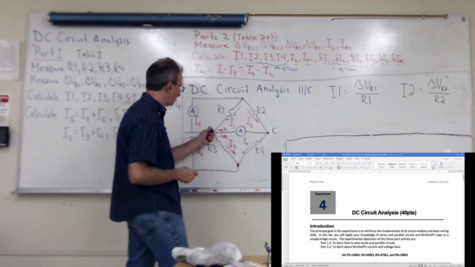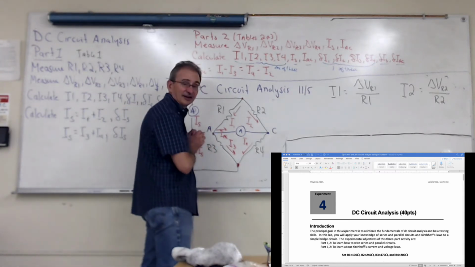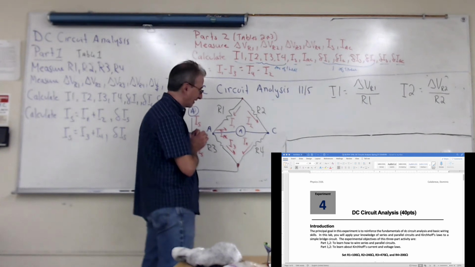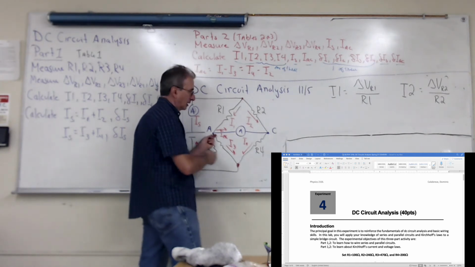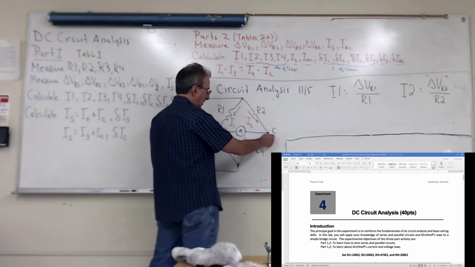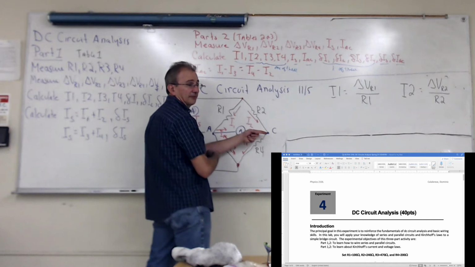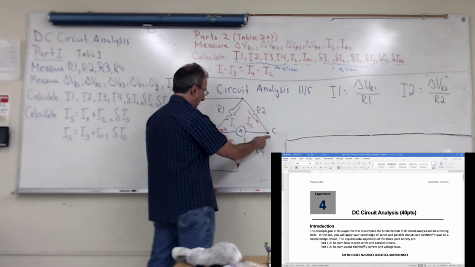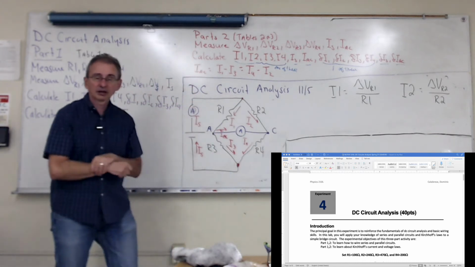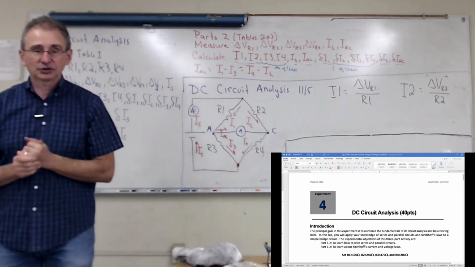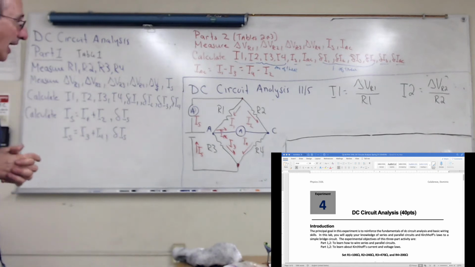So if you put the positive terminal of the meter here and the negative terminal of the meter here, and you get a positive current, you know current's going that way. If you get a negative value, then you know current's going that way. So you're going to determine that in the lab.